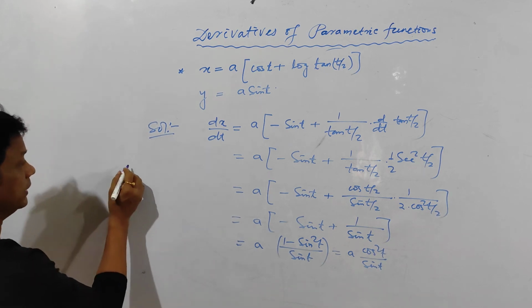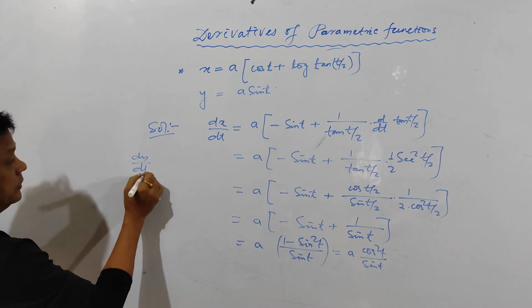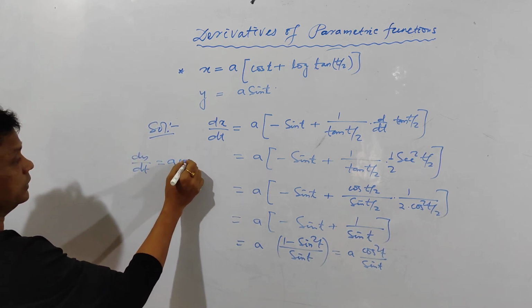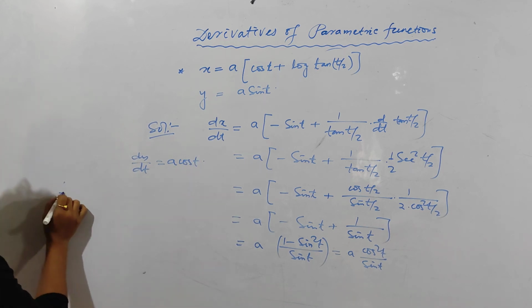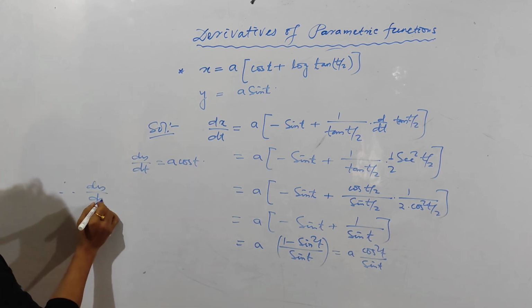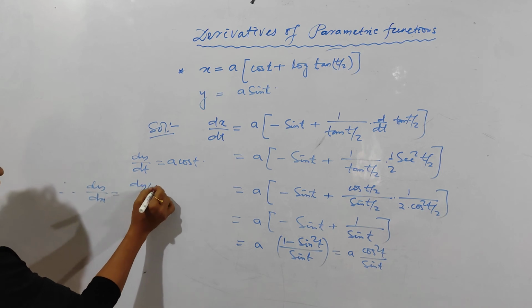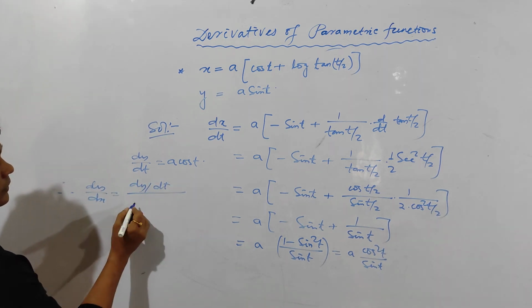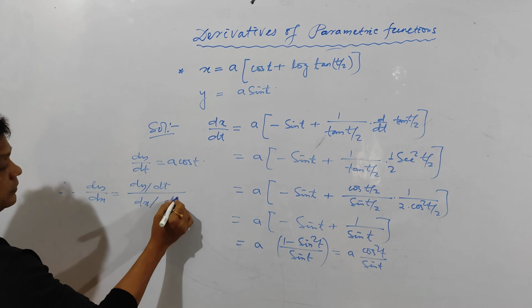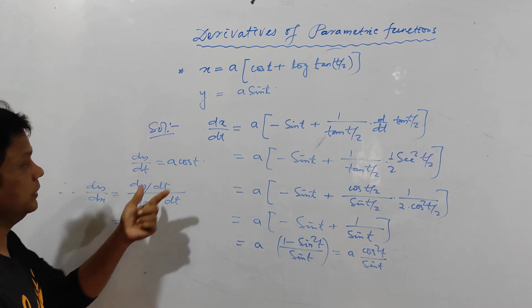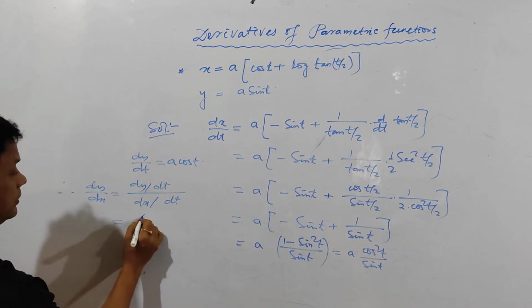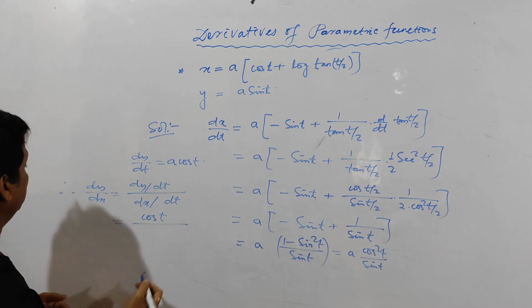Now second part, dy by dt, and dy by dt is a cos t, clear. Therefore what is dy by dx? Dy by dx is dy by dt divided by dx by dt. And what is dy by dt? Dy by dt is a cos t divided by dx by dt.